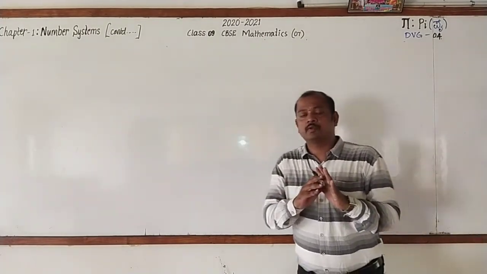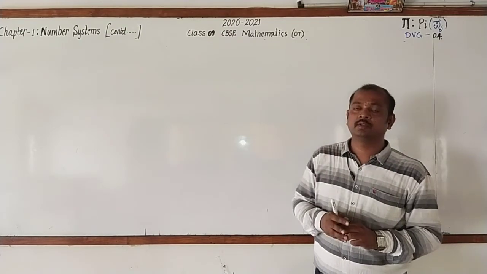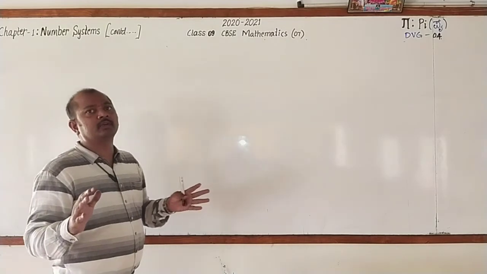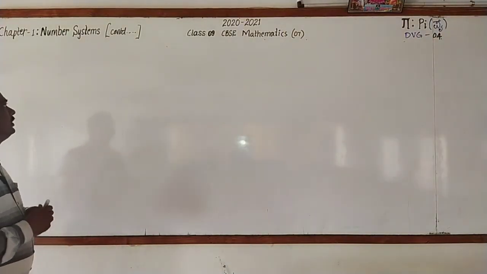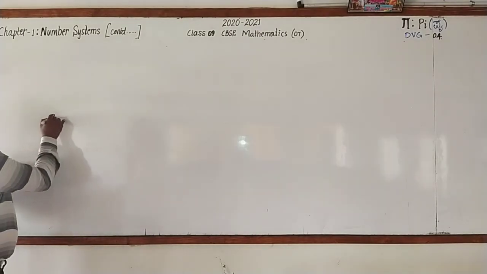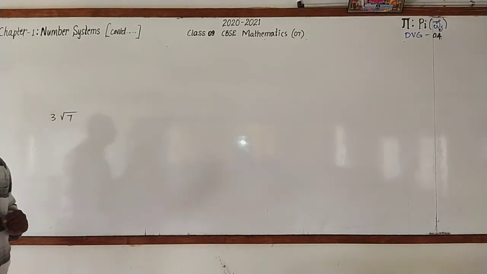Yes. Now we have completed all the types of problems with respect to operations on real numbers. Now we are moving to another very important concept. Let me give you that information. Observe here, 3 root 7 is there. What type of number is it?